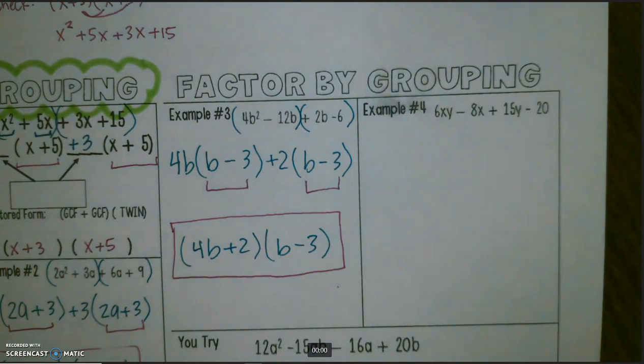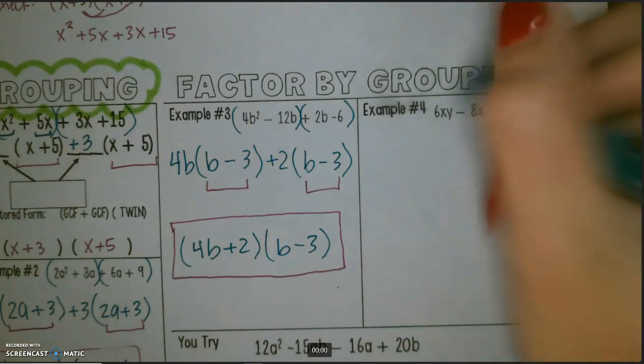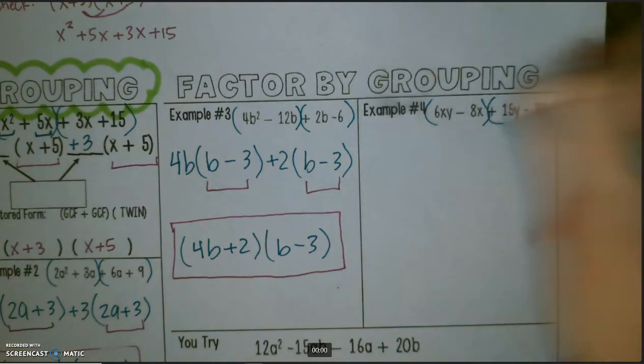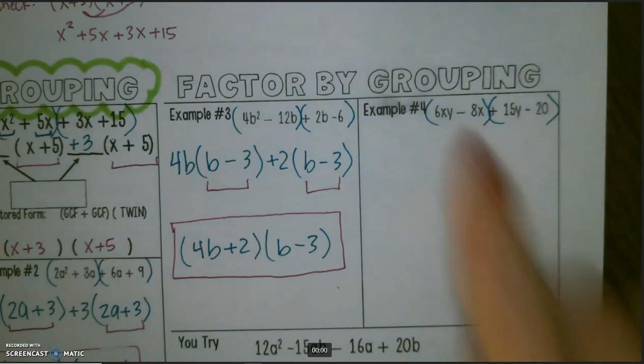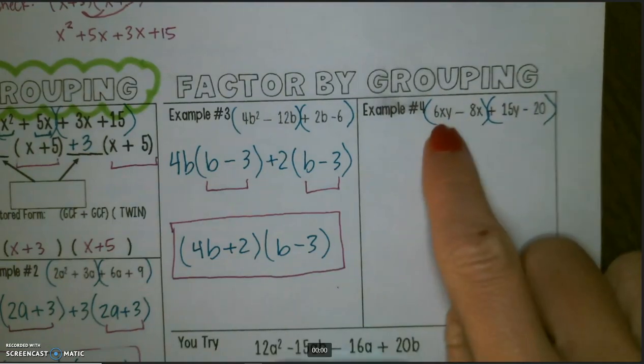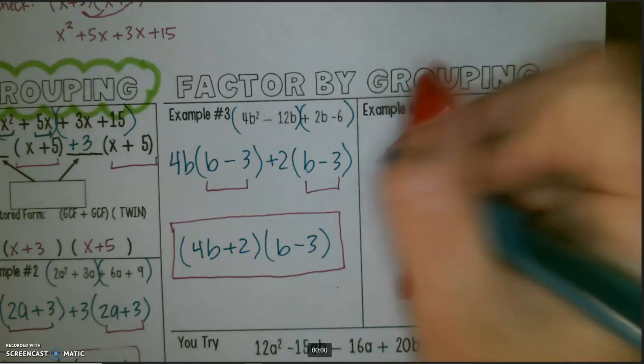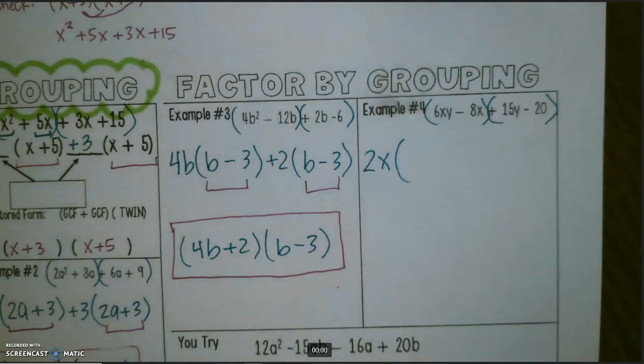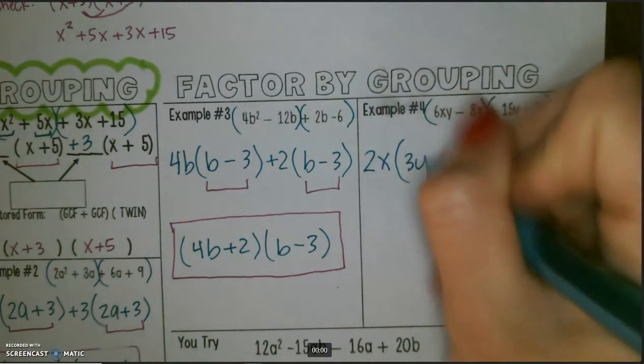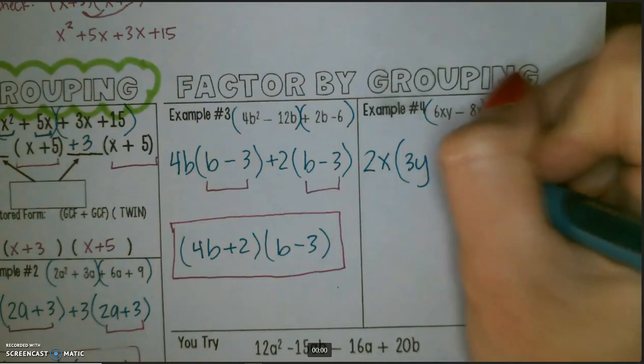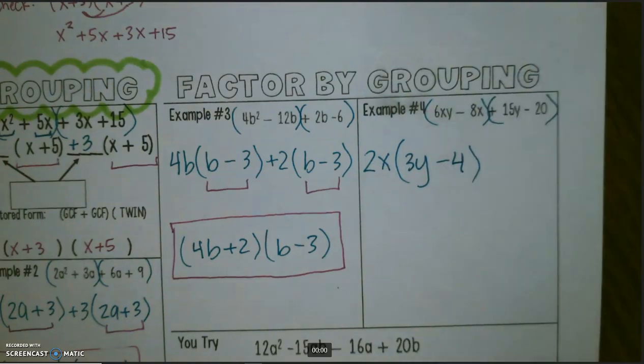All right, now we're looking at a situation where we actually have multiple variables occurring, which is okay. We're still going to utilize the same process. We can group the first 2 and the last 2. The GCF for this grouping, we could divide out a 2, and we could also take out an x. So if I take out a 2x, that'll leave me with 3y and a negative 4.